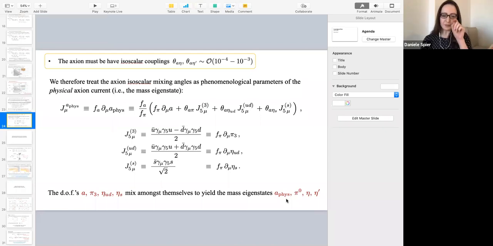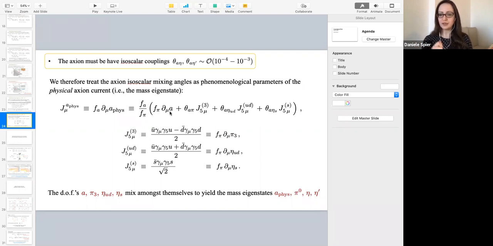But you see, I'm not doing this just to be fancy. The reason I think it's important to define this current is that sometimes people get confused. For example, if they want to compute the axion decay to gamma gamma, a common confusion is to take the PQ current, which is the current associated with this state here, look at the anomaly of the PQ current, and say, oh, it's with this anomaly that I can compute the axion decay to gamma gamma.